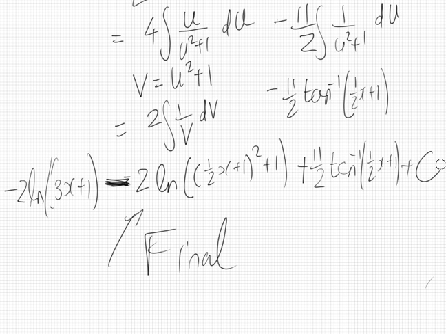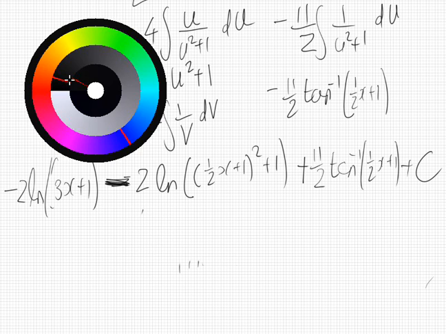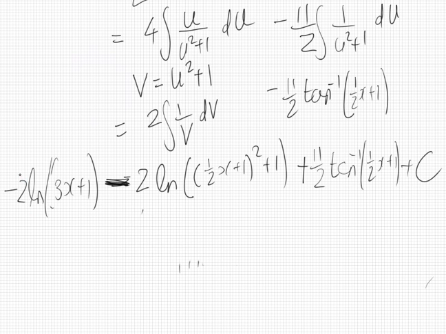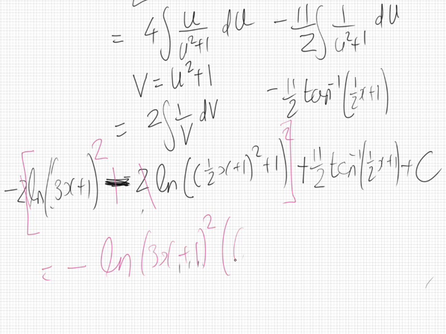So, if the question asked you to simplify it into a certain form, the only simplifying that you could do here, which I'll do in red, is bring the 2 up here, take the minus out, and make that a plus, and then this will equal minus log 3x plus 1 squared, bracket a half x plus 1 squared plus 1 squared, and then plus the tan piece, etc.